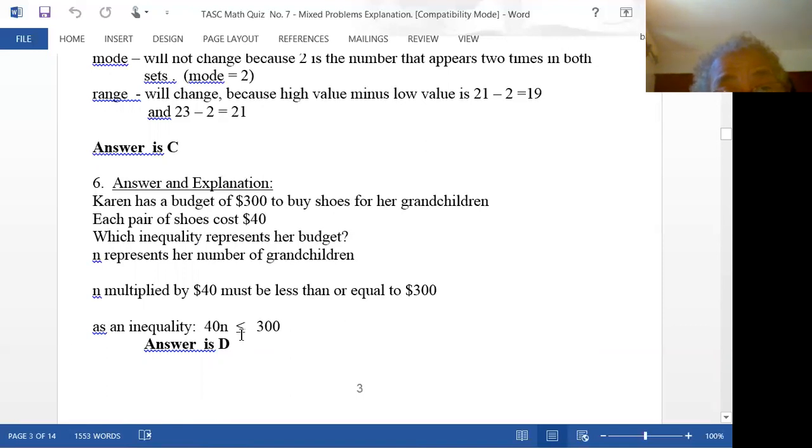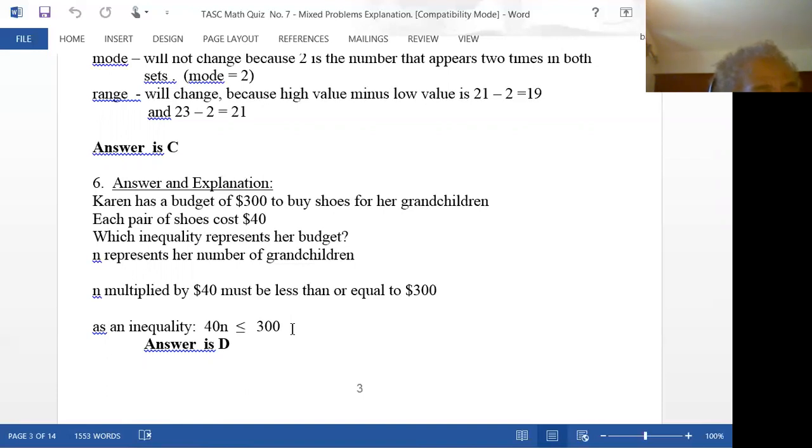That means when you multiply 40, which is the price per pair of shoes, times the number of shoes she can buy, it has to be less than or equal to 300. Just like our 280 was less than or equal to 300. That answer on your sheet is D.